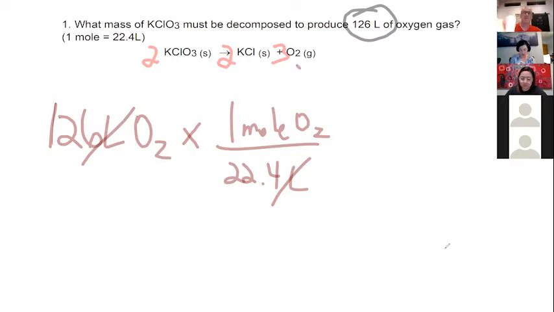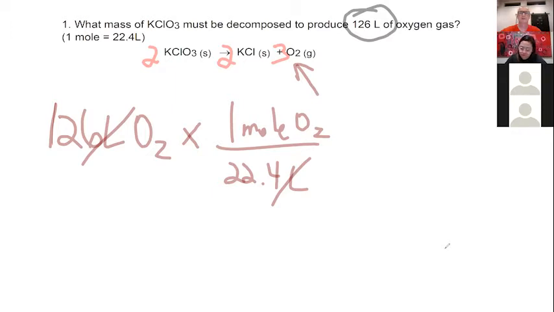So right now I have moles of one of these products. What do I want to relate that to? Grams of O2? Do I actually need to know what the mass of O2 is? No, the mass of the product.